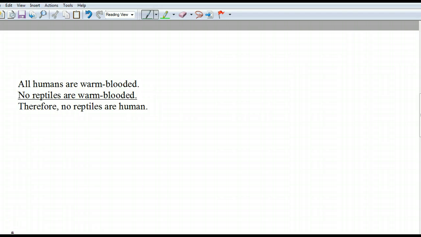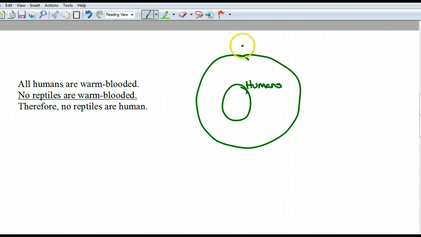Right, so the first premise says all humans are warm-blooded. So I'm going to draw a circle and label it humans. Okay? And then I'm going to put a bigger circle on here and call it WB for warm-blooded. The next premise says no reptiles are warm-blooded.